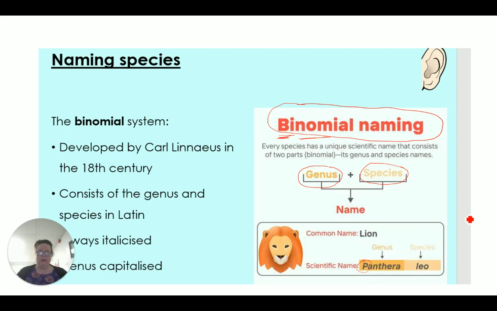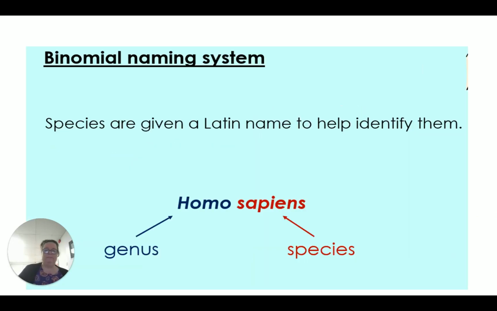Okay, so we've had a look at a few there. Let's have a look at this one. So this is us, Homo sapiens. Our genus here is Homo, and our species is sapiens, so Homo sapiens. That's modern day humans.